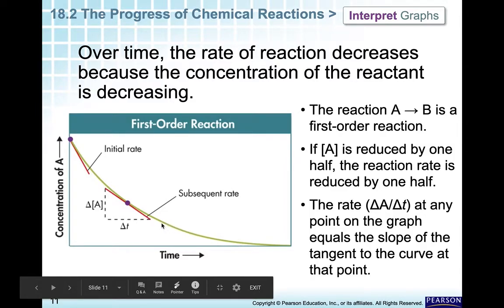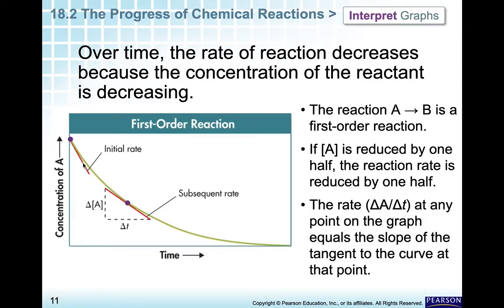At any point along this slope, we could draw a tangent line. Recall from your math knowledge, a tangent line intersects a slope only at one point. So along this line, we could pick a point anywhere, and the slope directly at that point would tell us the rate at that time. All right.